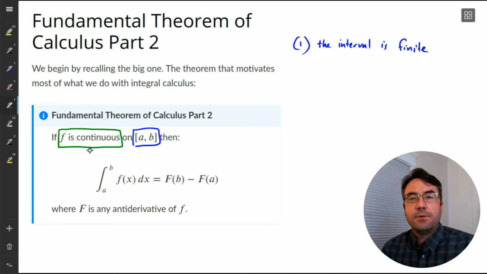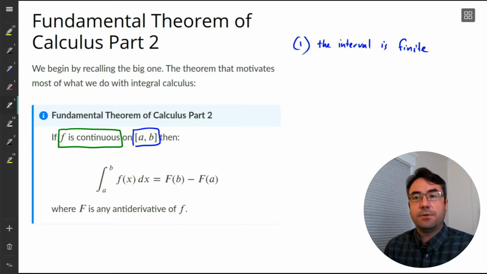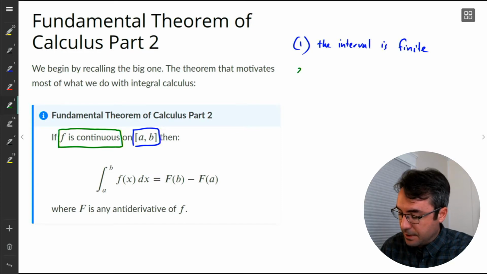Now, in Calc 1, we saw that we could already relax that a little bit if we had jump discontinuities or holes in our graph. We could still integrate it, to a certain extent. But we're really going to look at what happens if we relax this condition. And that's the second one. F is continuous.